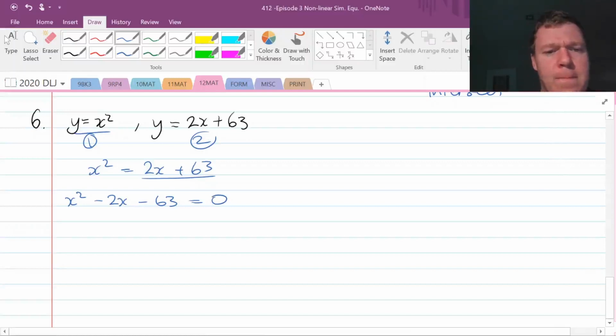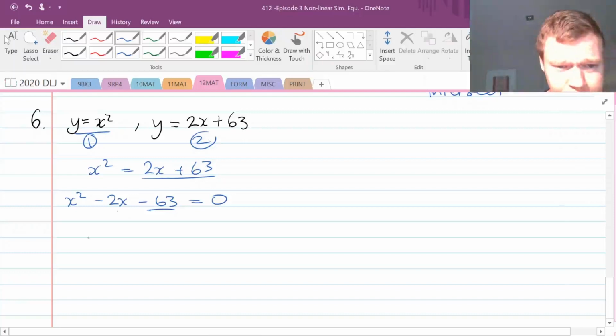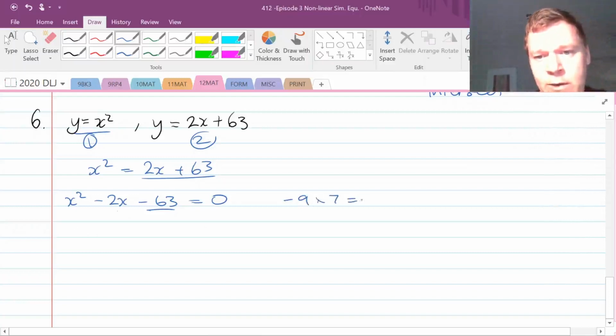What are some factors of 63? We've got 6 and 9, 7 and 9 will give us a difference of 2. So we're going to be able to directly factorize this. So we've got negative 9 times 7 equals negative 63. Is that one condition?